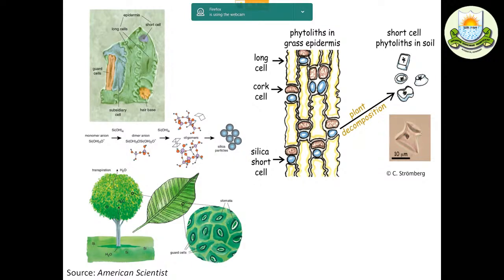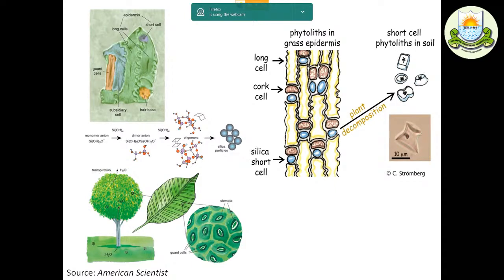Once it has penetrated the cell sap, it starts to form dimers and oligomers, then polymerization occurs, and in due course they form crystals, which are very hard.